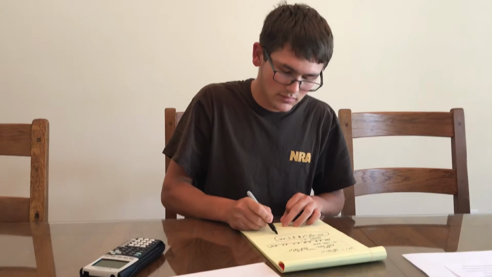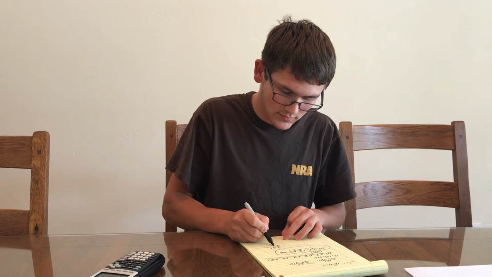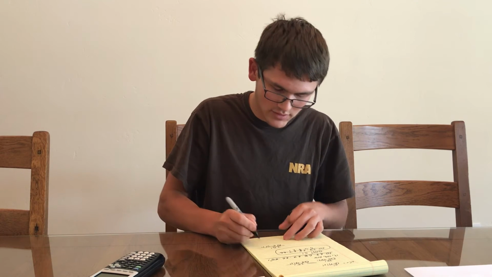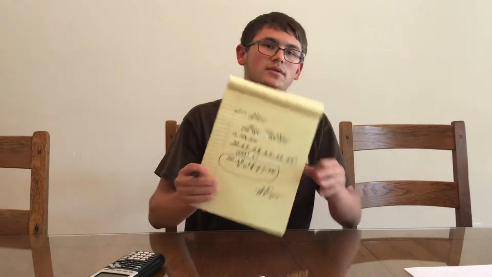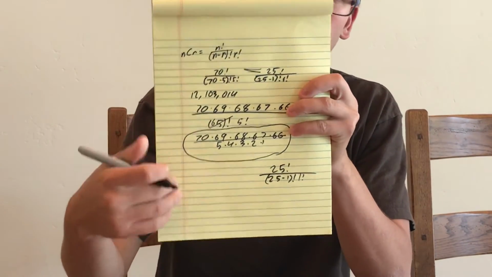Now that was the more complicated version. The next one we're going to do is actually very easy because it's very simple. The next number we have to choose from is between 1 and 25, and we have 1. And so because we have 25 exclamation point, and then 25 minus 1 exclamation point, 1 exclamation point. Everybody knows that simple mathematics will state that 25 minus 1 would be 24.